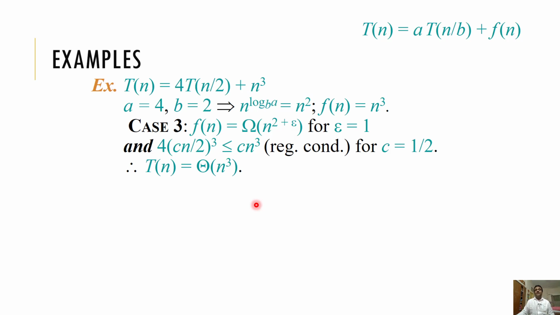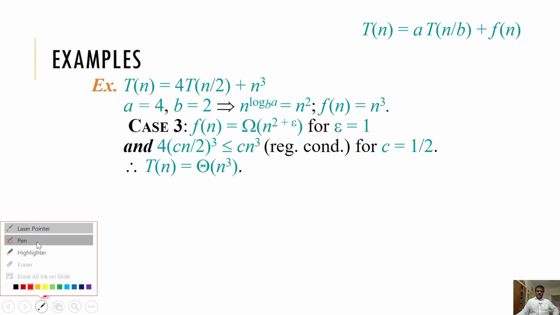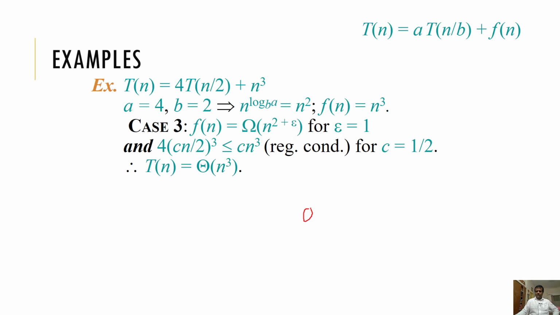But for case 3, this is not the only condition we should check. There is another condition, called the regularity condition, that we should check. We should see that a times f(n/b), which was the cost at the next level, should be less than some constant factor of f(n).